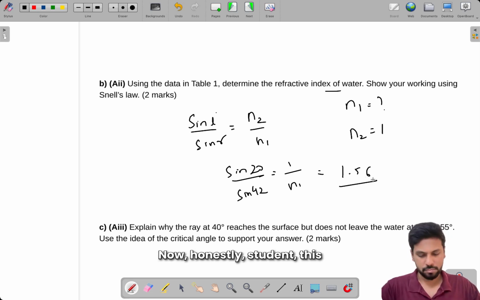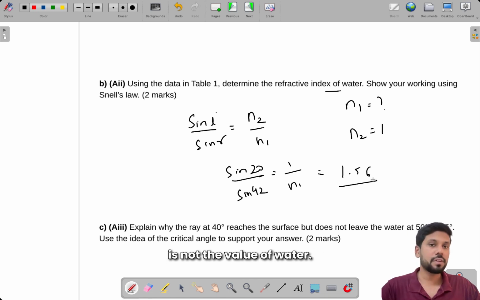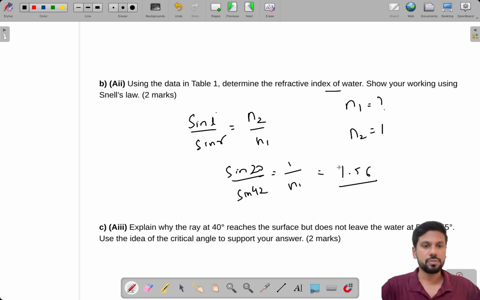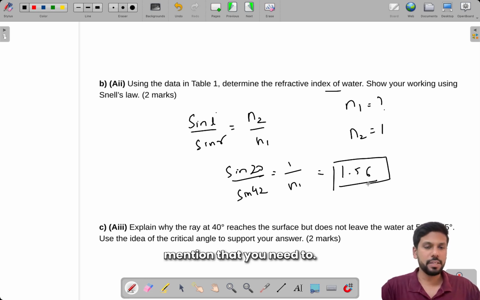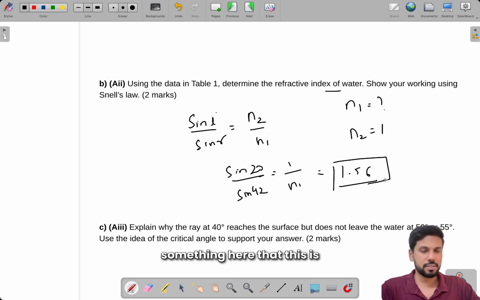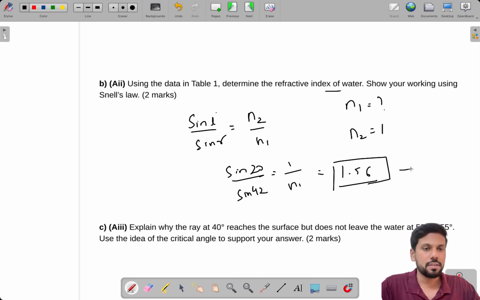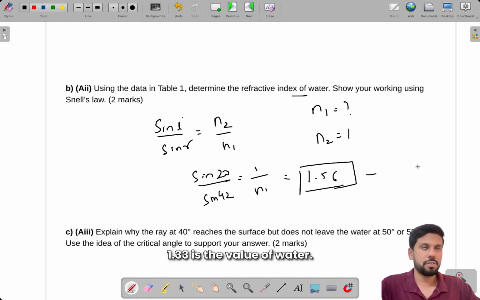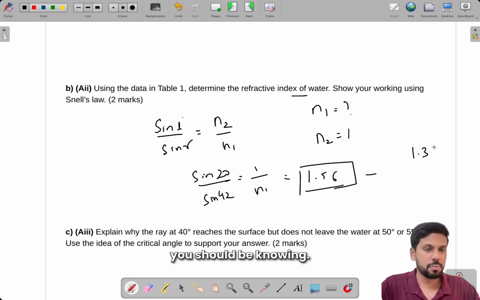Now, honestly, students, this is not the value of water. This is the value of glass. So here you need to mention that this is not the value of water. 1.33 is the value of water, and that is something you should be knowing.